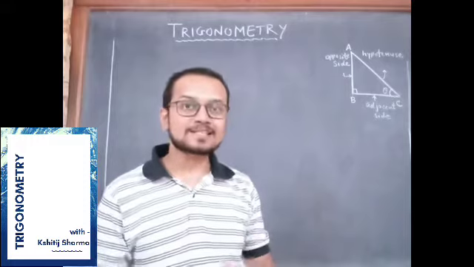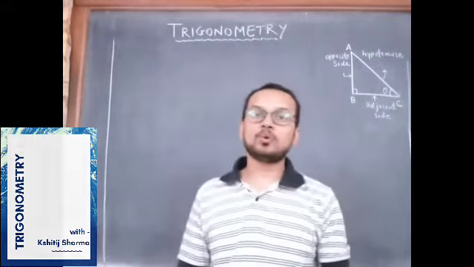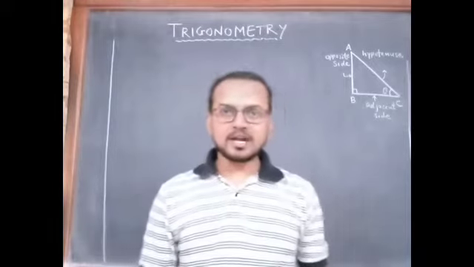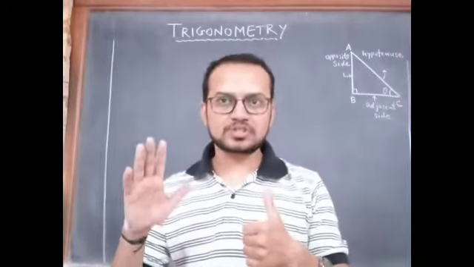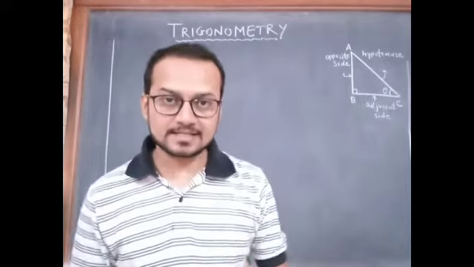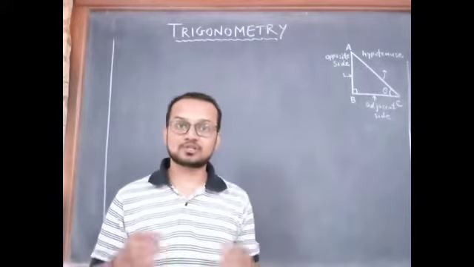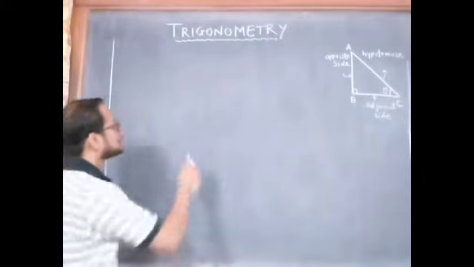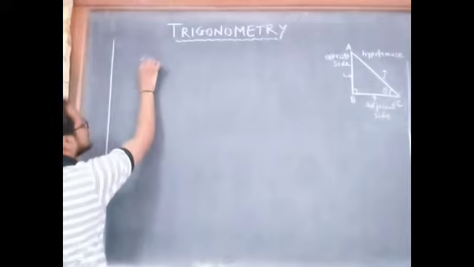Now let us understand some of the very important trigonometric ratios. In trigonometry we have a total of 6 trigonometric ratios which are very important to understand. It is the beginning of trigonometry. Let us understand which these trigonometric ratios are. In trigonometry, the first ratio is sin theta.